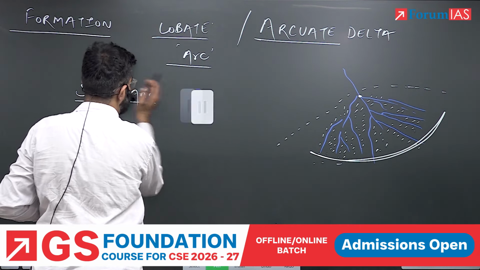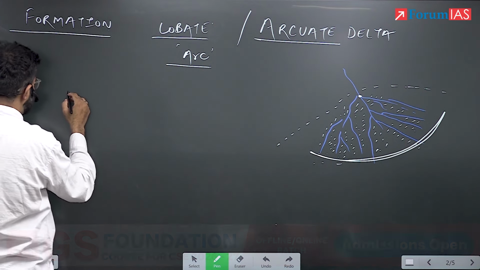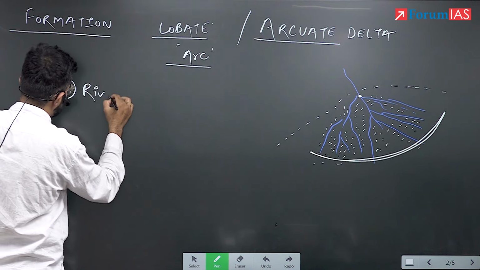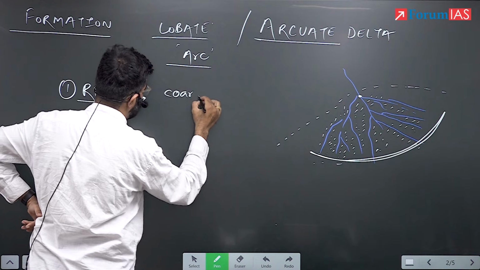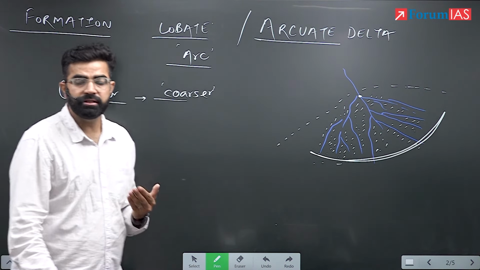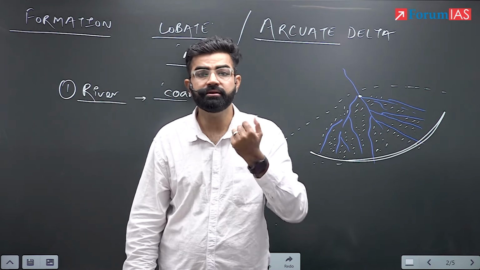Now here what happens is some conditions are required for the formation of such delta. What are these conditions? The first condition is the river is bringing slightly coarser deposition. Okay, so sediments which are being transported by the river, they are considerably, we can say, not finer, they are rather coarser.